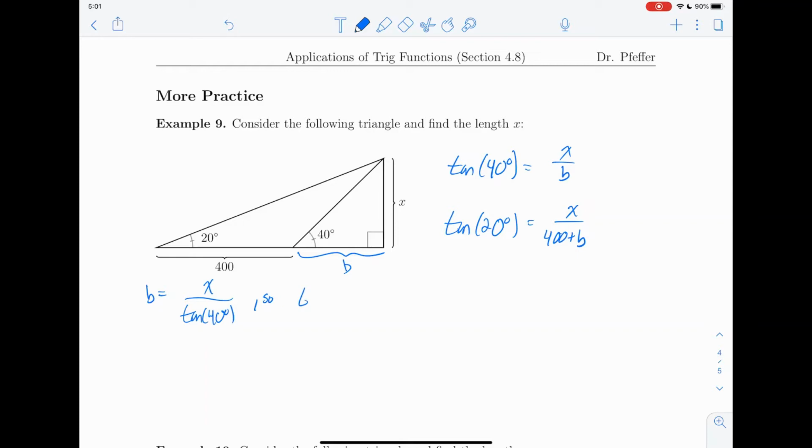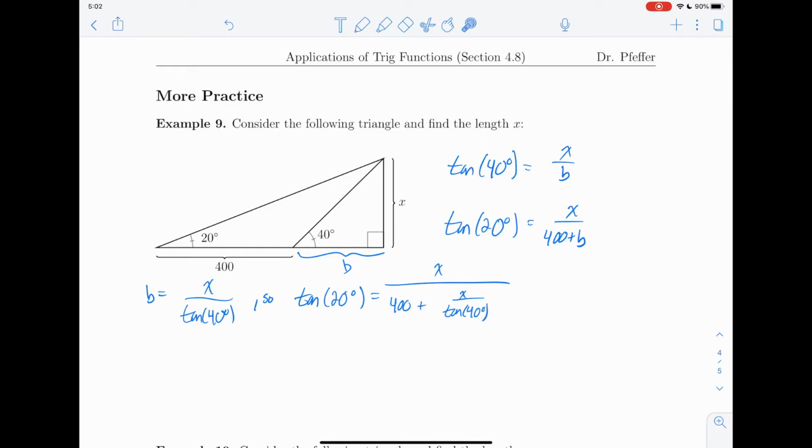So what I find is that the tangent of 20 degrees is equal to x over 400 plus b, which we now know is x over the tangent of 40 degrees.